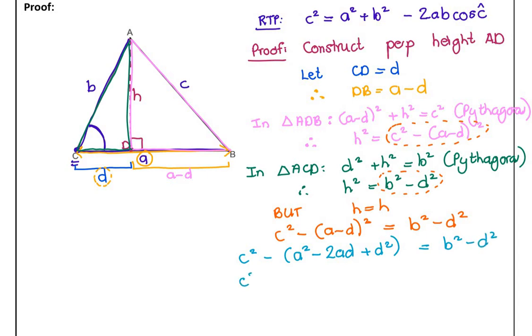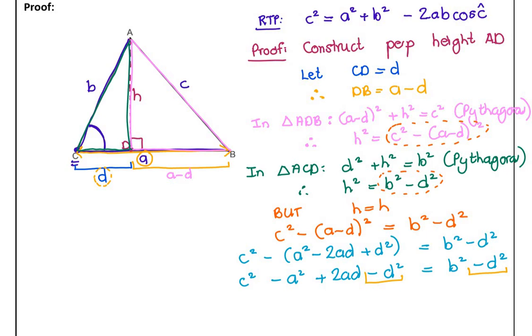Now if I distribute my minus sign, this will be minus a squared plus 2ad minus d squared equals b squared minus d squared. So that was just multiplying out. Now what you'll notice is I have a minus d squared on this side and a minus d squared on that side, so those will disappear. I'm basically going to add d squared to both sides and they disappear.